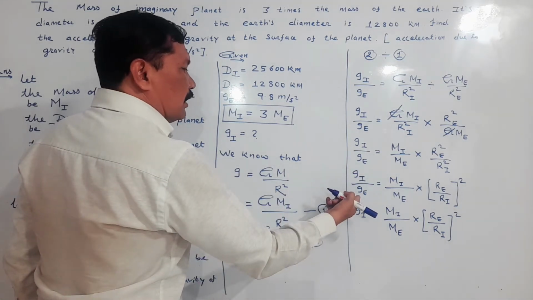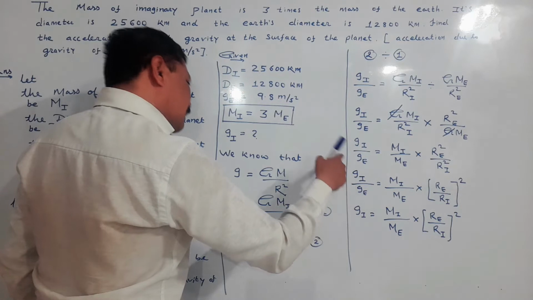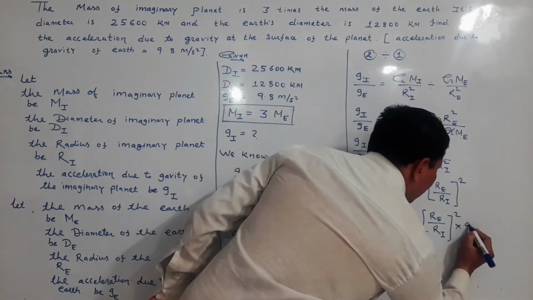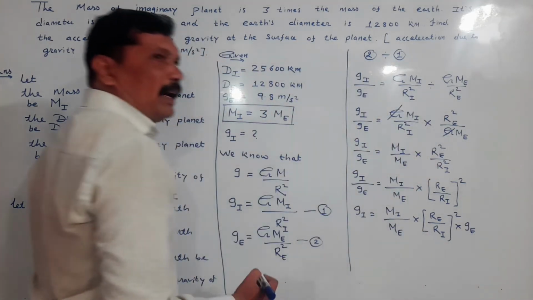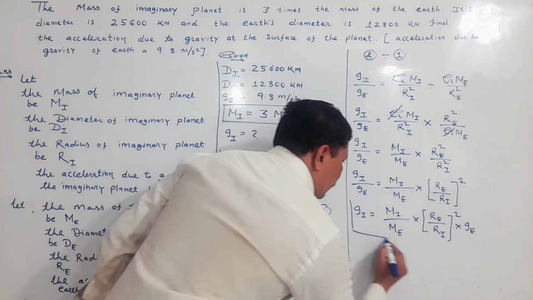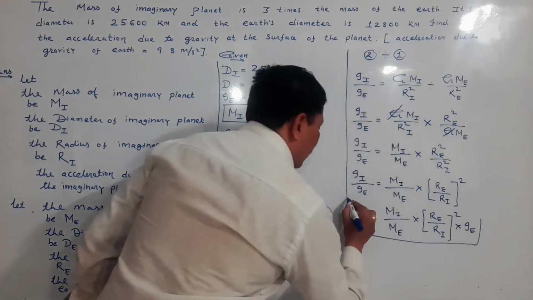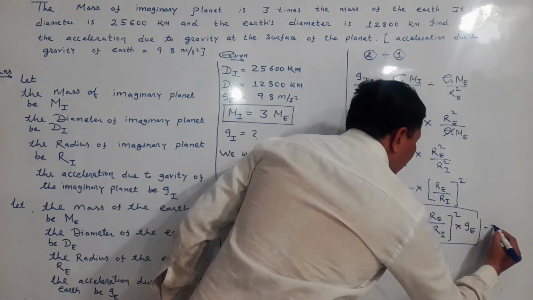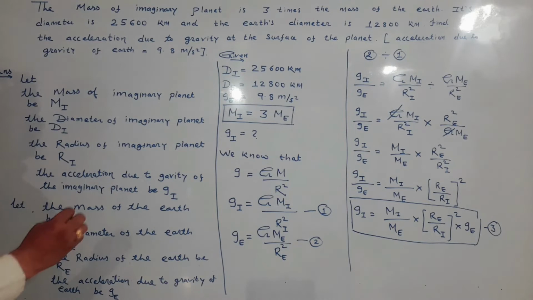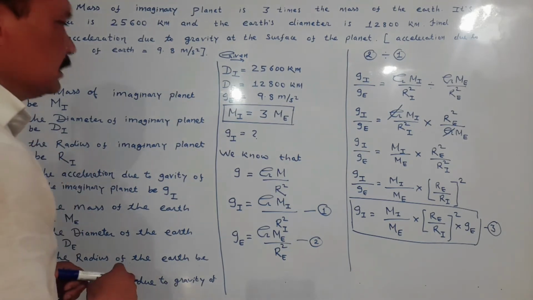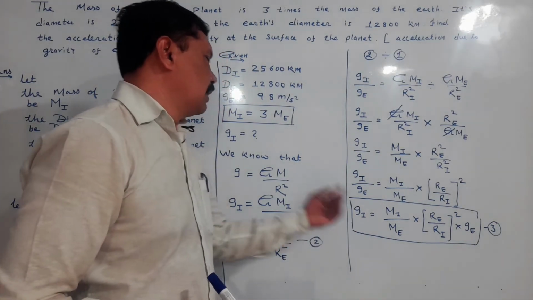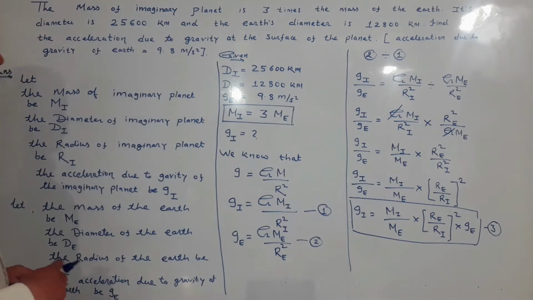It is in denominator, that is the division will be converted into multiplication, so we can write into Ge. So here, my dear student, we have got equation number 3. Now, my dear student, here we have arranged the formula in such a way that it will be easy for us to find out acceleration due to gravity on the imaginary planet.